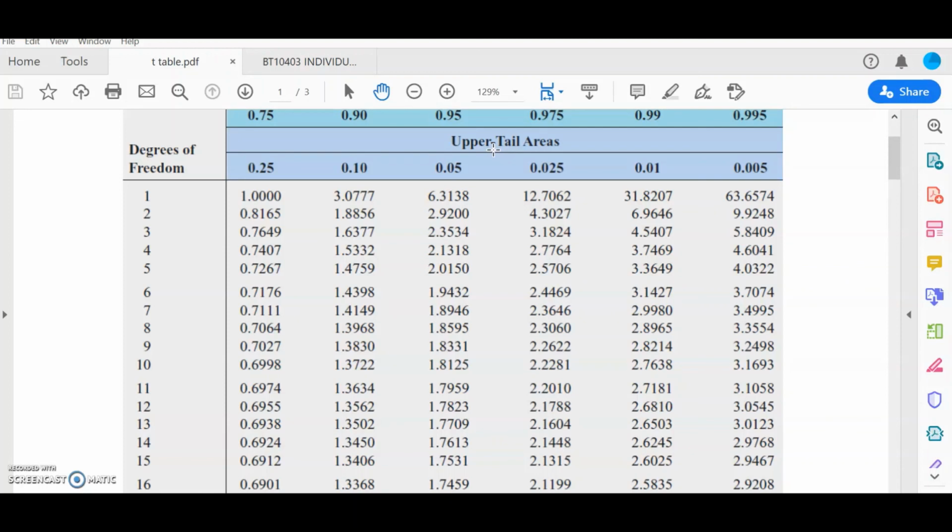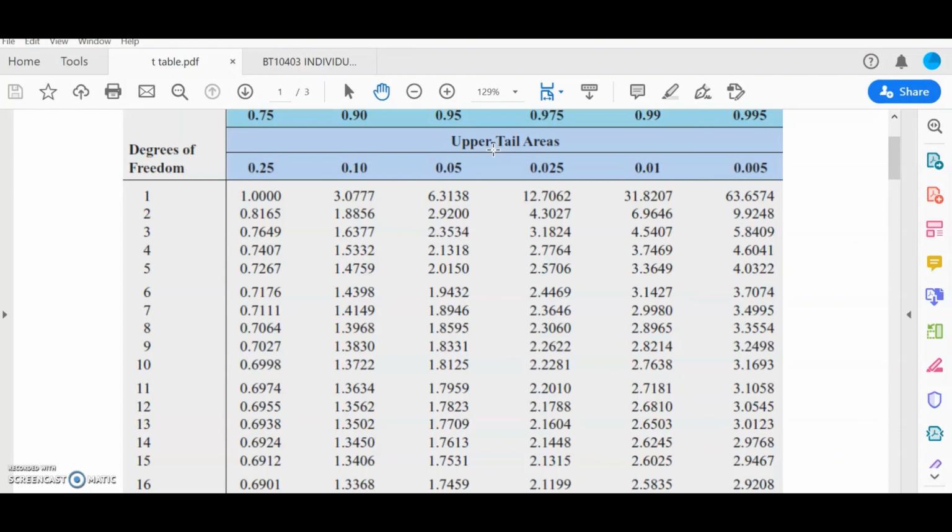So when the t table shows the two tail area instead of an upper tail area, then in that case we don't have to divide the level of significance by 2.